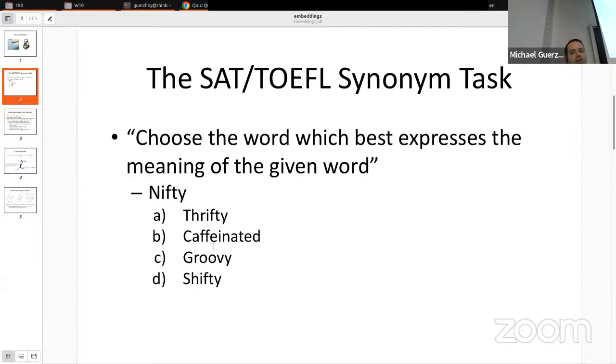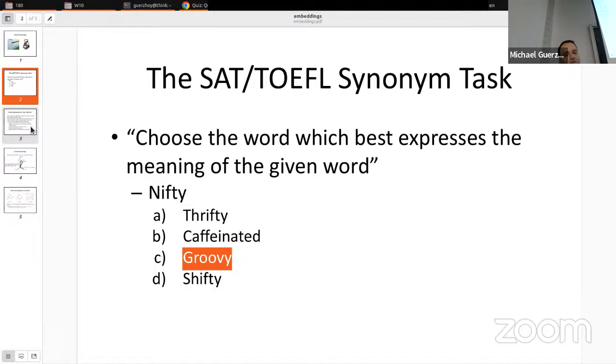In order to operationalize this, it's kind of like what you would see on the SAT or the TOEFL. So which word is closest to nifty? Well, probably groovy, right? Depending on your age.